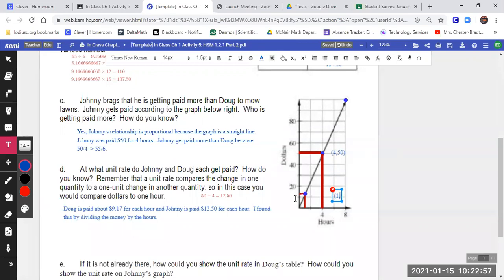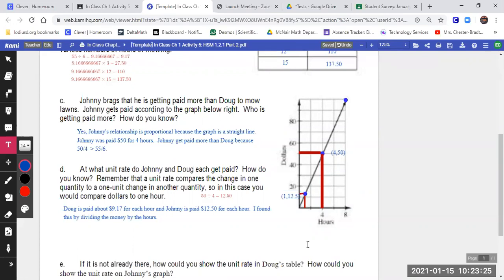And how much money did he make in that 1 hour? 12.50, so 12.5. Close it. And I'm going to move it over closer to it. But I want it to show, so maybe I'll put it right here.